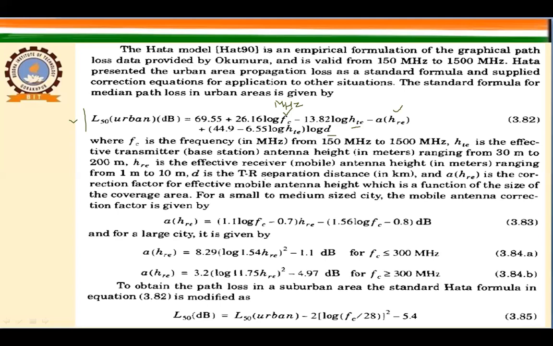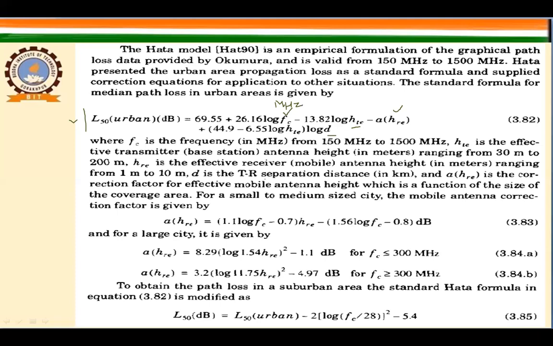For a small to medium sized city, the mobile antenna correction a of hre is (1.1 log fc minus 0.7) multiplied by hre, minus (1.56 log fc minus 0.8) dB.